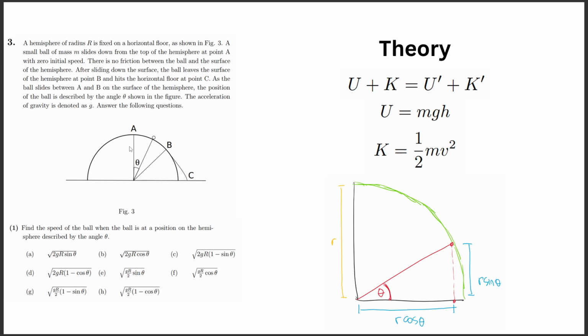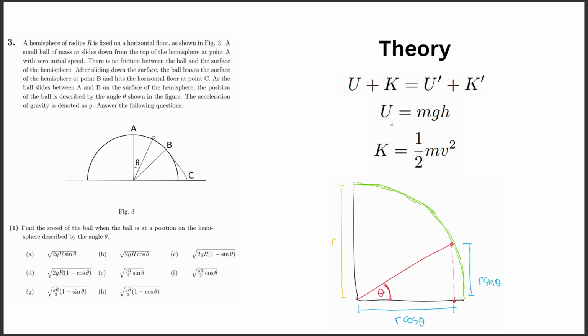So let's say a ball at point A, a ball at point B, and a ball at point C, this always holds. U plus K is the mechanical energy. The mechanical energy at A and at B is always the same. So the mechanical energy is always conserved in this case.